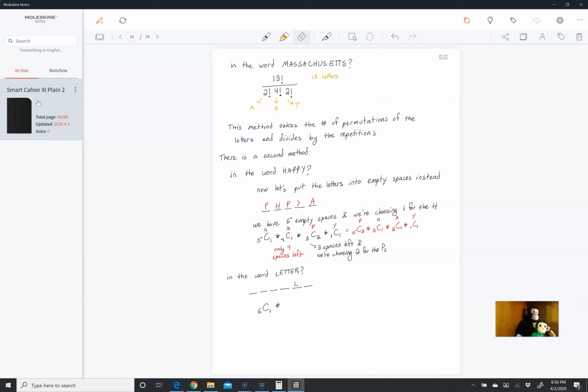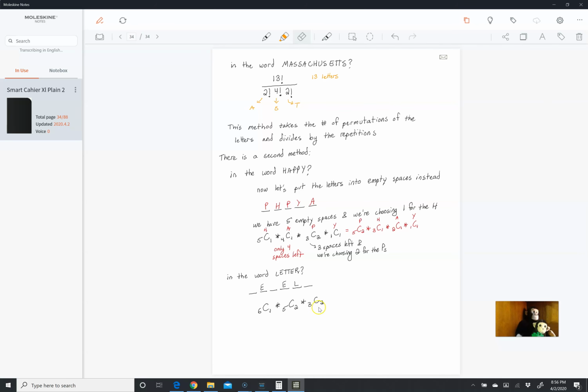Now we only have 5 spaces left. We're choosing 2 of those for the E's. So we're going to put the E here and here. It doesn't matter which, okay? That 5C2 is telling us in how many ways we can do that. I'm putting it in here just to make you see how many spaces we have left. So we put in the 2 E's, we have 3 spaces left for our remaining letters.